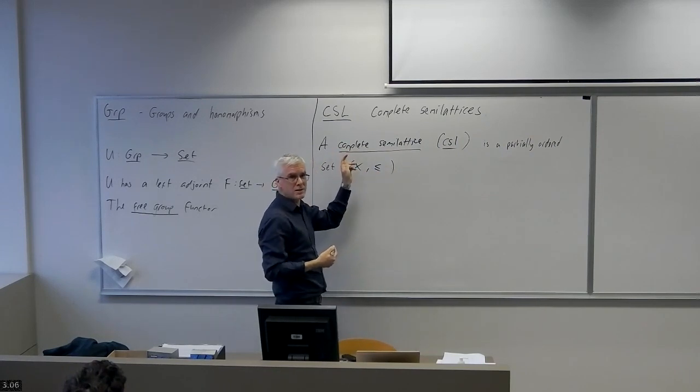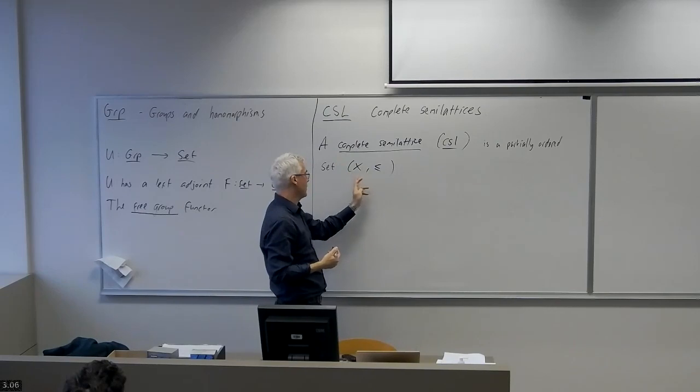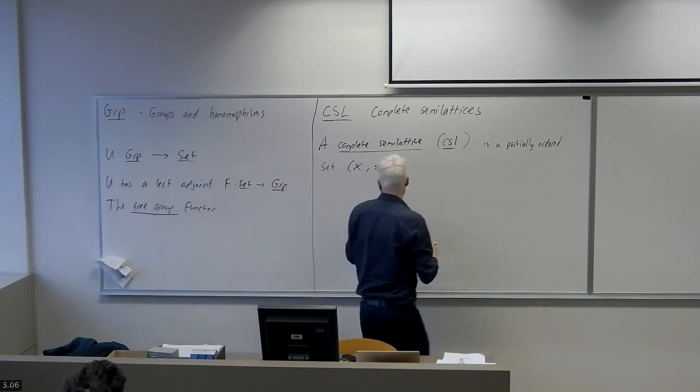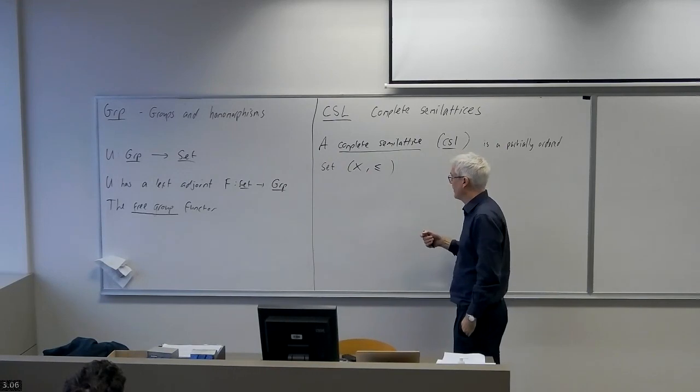And what complete means is every subset of elements has a supremum, or another word for supremum is least upper bound: a smallest element above that's an upper bound for them.